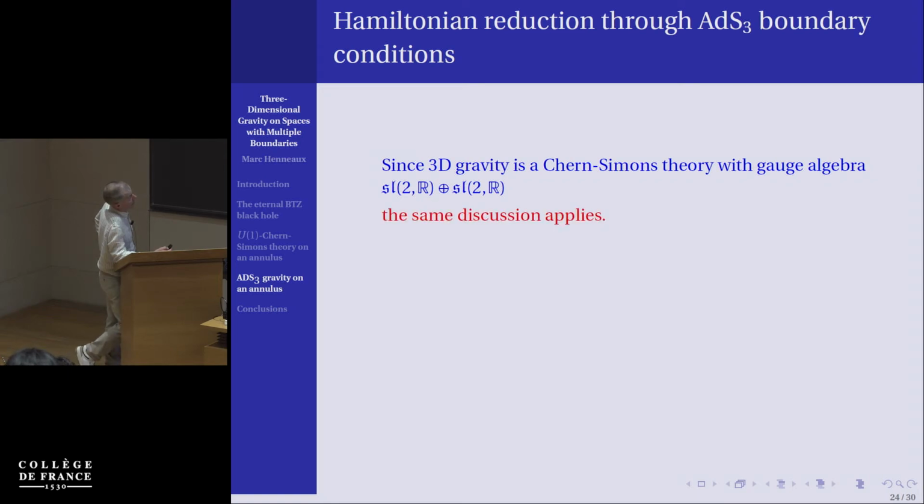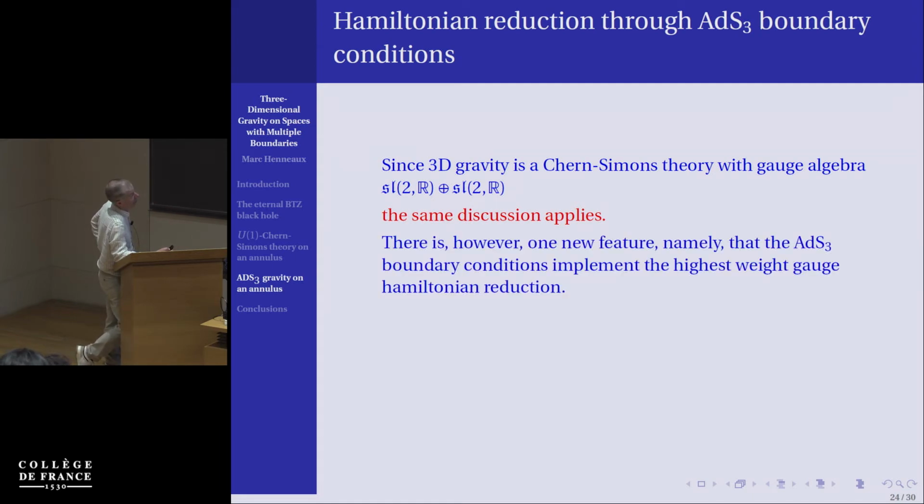Okay, and so a good fraction of the discussion applies, but there is one new feature, which is that the boundary conditions on the radial component of the connection are not completely free, as they were for the Chern-Simons theories that I discussed.